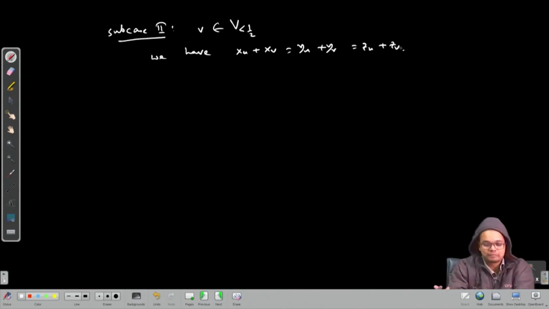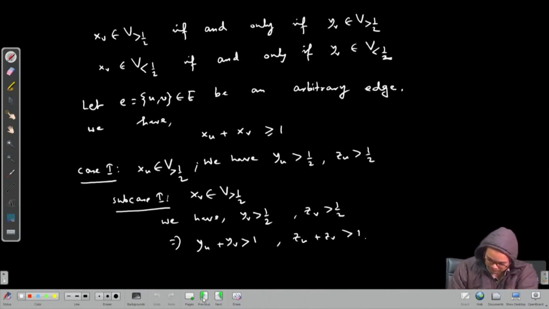Okay, and because x_u plus x_v is 1, in this case also the conditions are met. So, similarly, the other subcase can be done.